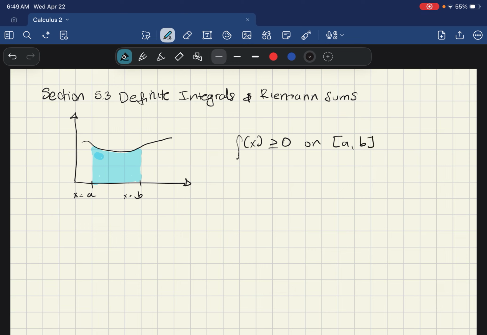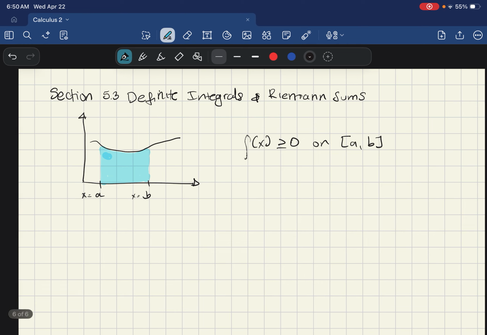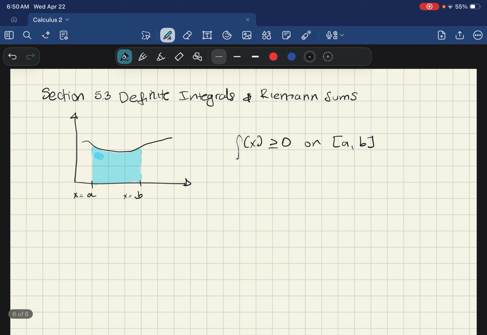Let's say we have four rectangles. Let's split this into equal width rectangles, roughly.